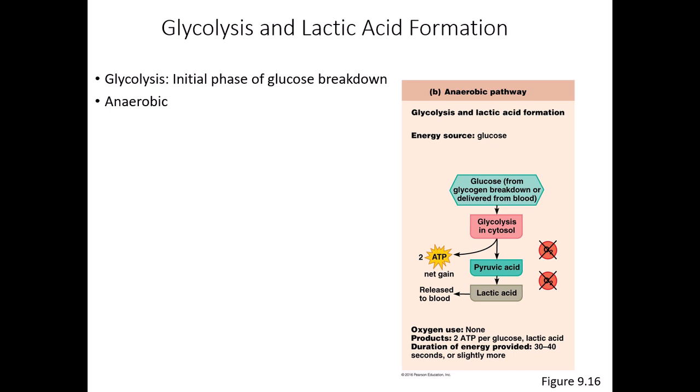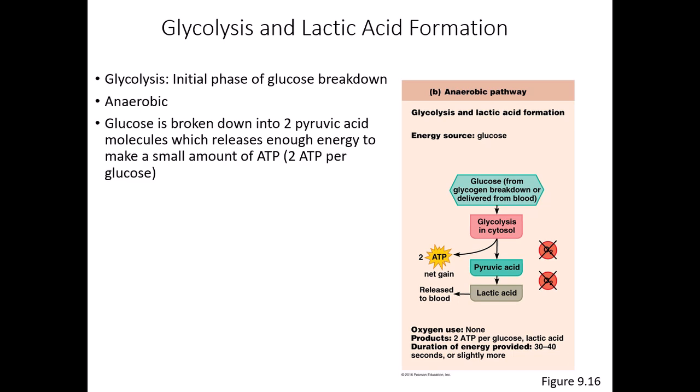It's anaerobic, does not require oxygen. And so glucose is broken down into two pyruvic acid molecules, which releases enough energy to make a small amount of ATP. So in this process, we get 2 ATP per glucose. So that's a little bit better than the 1 ATP we got from our creatine phosphate.